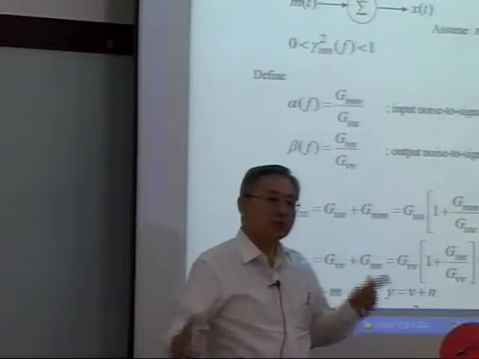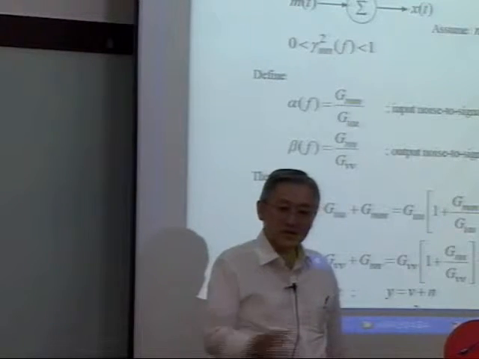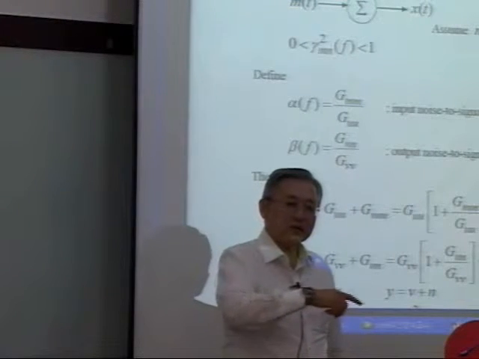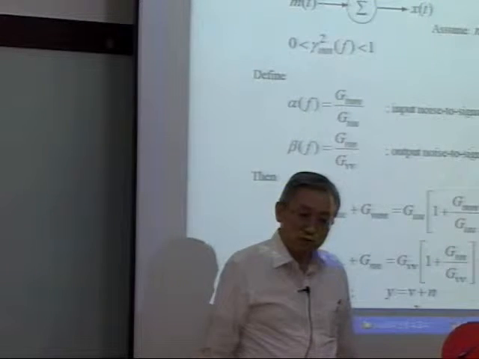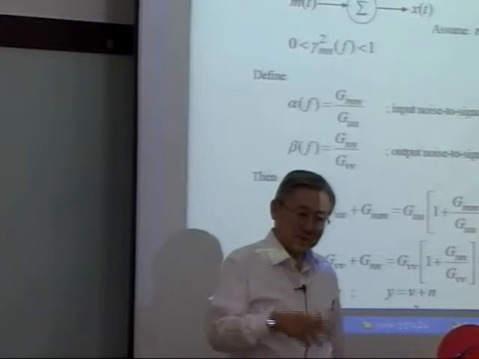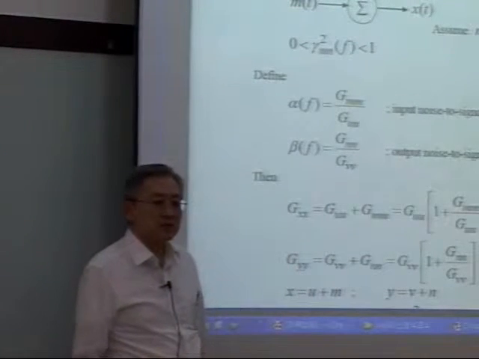If you really put 100% noise, then the real signal is gone. It's all hidden behind. Then you have a normal density function or Gaussian density function. So that's what the noise to signal ratio is.